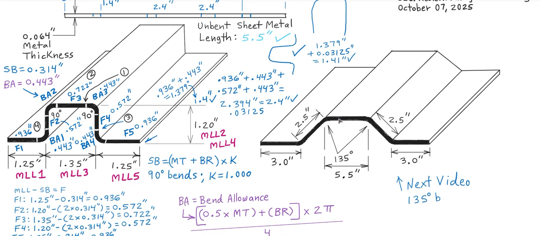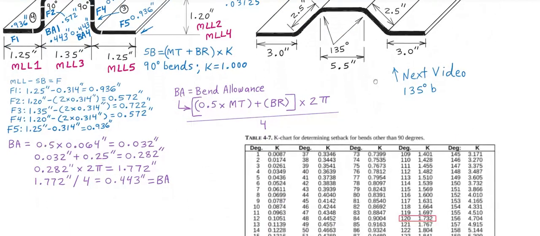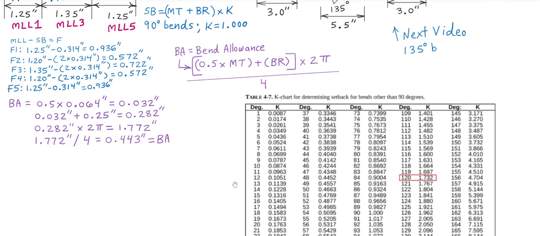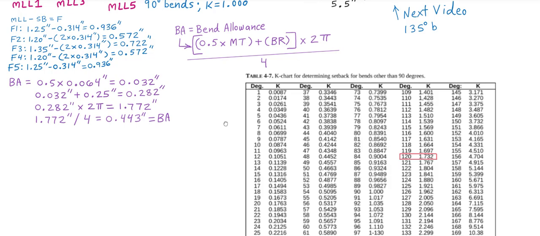And so if we take the supplementary and complementary of a symmetrical 135 degree hat channel bend, then the other sides are 135 as well, unless otherwise specified. So whenever we're bending non-90 degree angles, you can use the K chart, the coefficient of bend from the neutral axis.